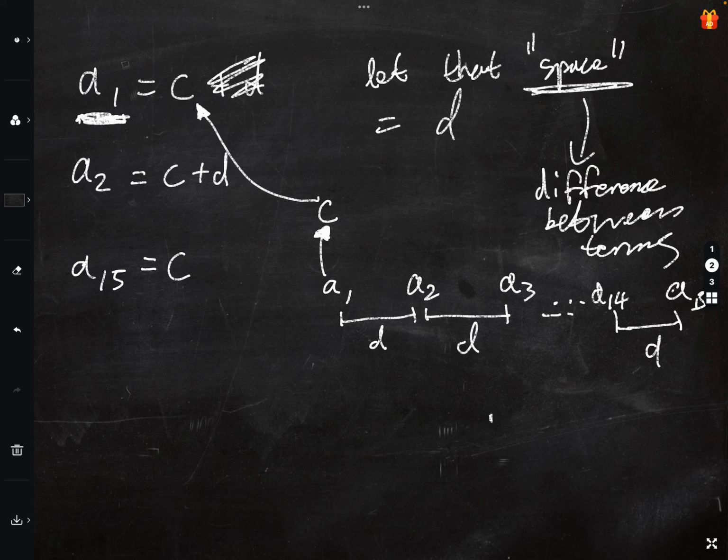So for example, a2 would have 1d, and a3 would have 2d's, right? Because 3 minus 1 is 2. So in a similar fashion, 15 minus 1 would just be 14. So that would be c plus 14d. Now here comes the very interesting part.